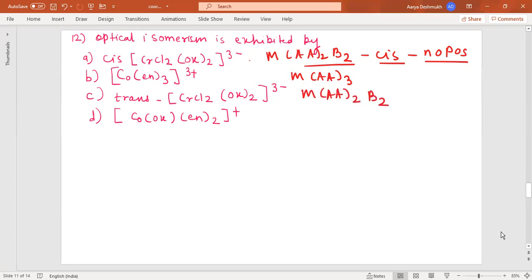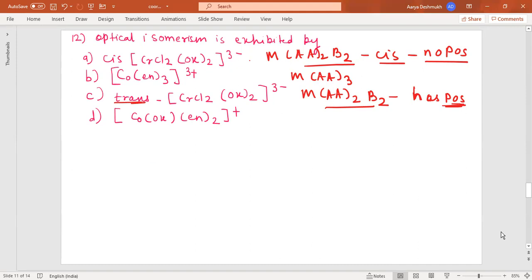Again, it has got a plane of symmetry. It has been discussed earlier also. This type here has a plane of symmetry. The trans one has a plane of symmetry, so no optical isomerism.